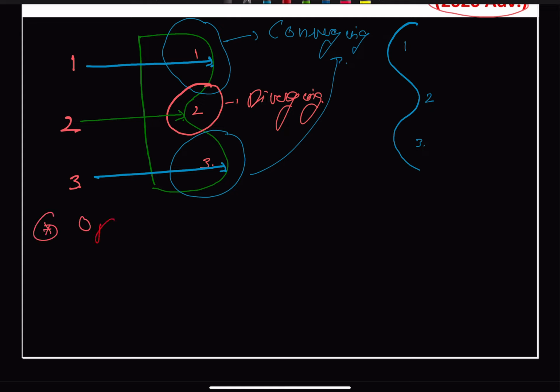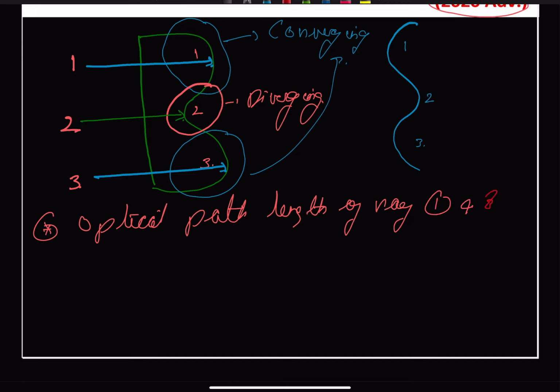So you can say the optical path length of ray 1 and 3 is greater than the 2.